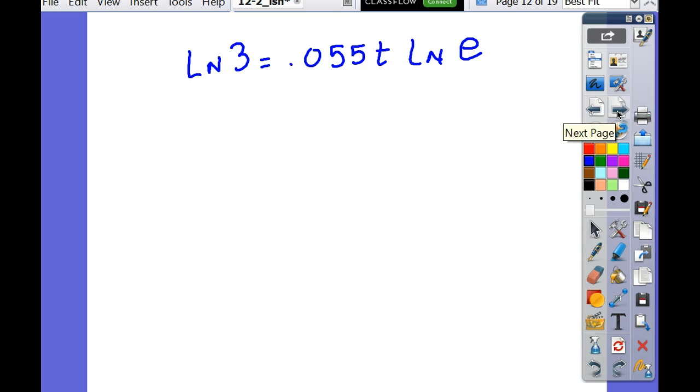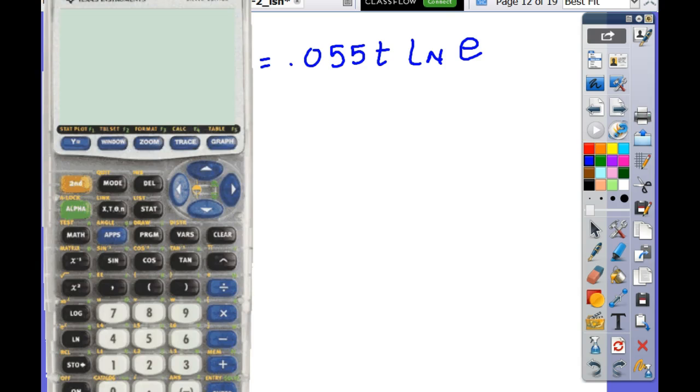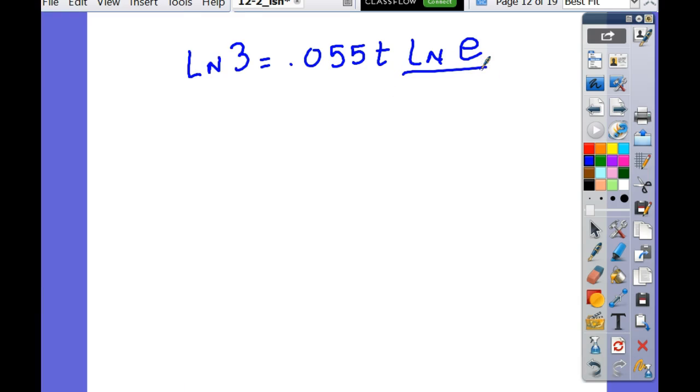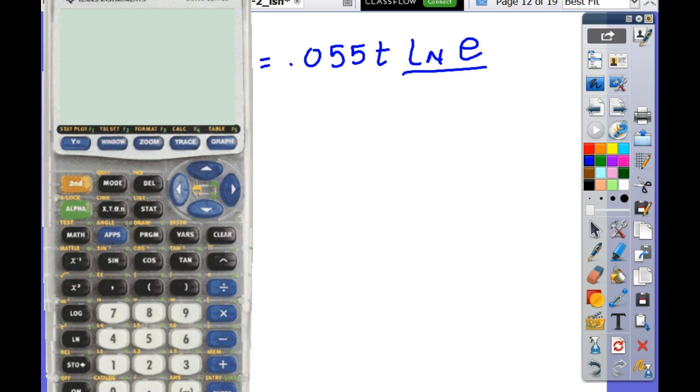Now, here's where taking the natural log gets one step easier. Because what is this equal to? ln, the ln log is right there. E to the first power, what's that equal to?